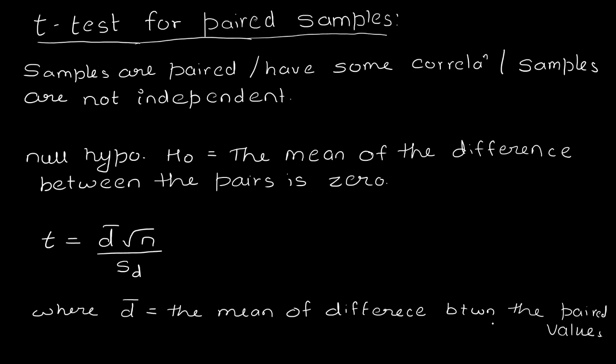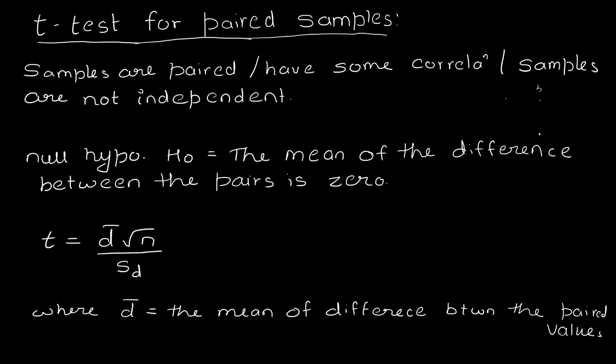For example, if we want to compare the blood pressure of a patient before food and after food, the data will come in pairs. For one particular person, one data point will be before food, one will be after food.